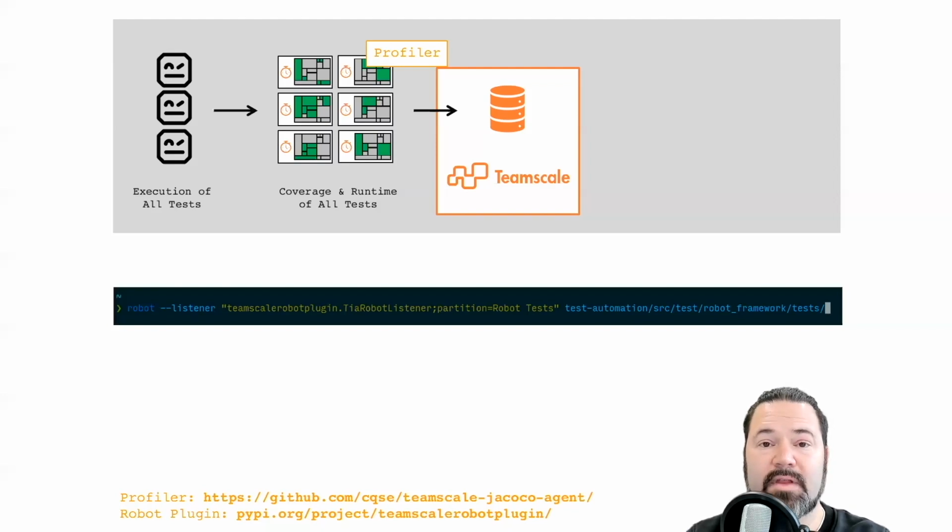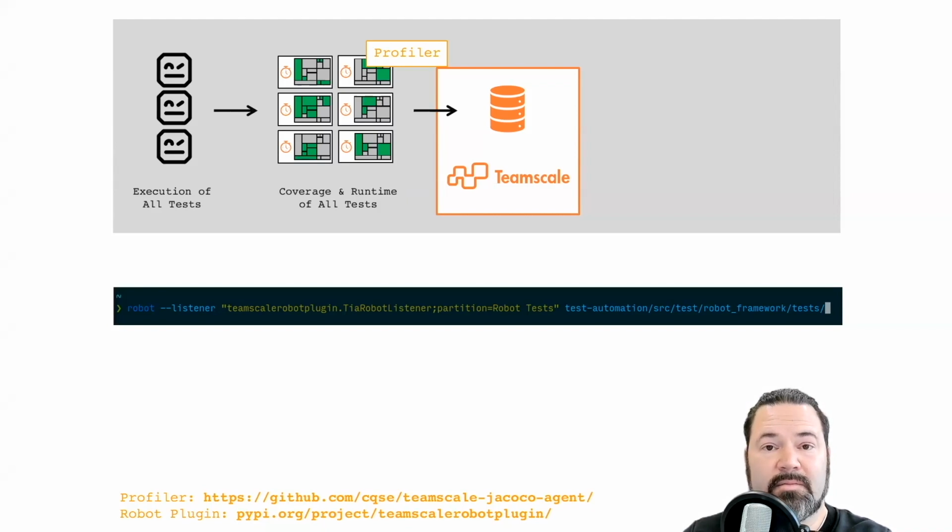Now, how can you use this for the Robot Framework? Independent of which approach we use, in the first step, we need to record the test case specific coverage. For that, you run your tests and you use a coverage profiler to record the test case specific coverage. We have created a plugin for the Robot Framework, which is available as open source under the URL given on the slide.